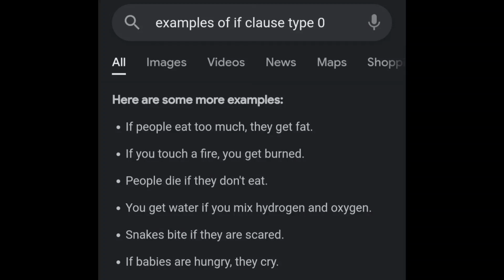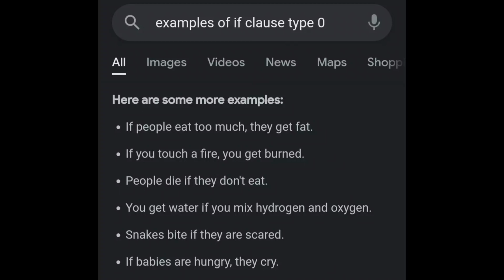And that is every single one of these sentences can be proven true from a logical standpoint, making all of these sentences tell a general truth, something that most people can agree on. Again, if people eat too much, they get fat. I'm pretty sure that not everyone, but like 99% of people could definitely agree on that logical standpoint.